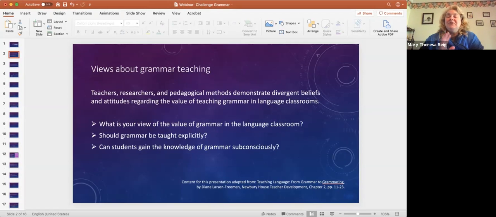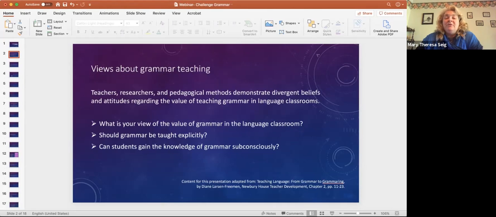Okay, so the first one is just kind of a warm up, and I'd like you to think about grammar teaching. As we discussed, teachers and researchers and even our pedagogical methods have demonstrated very divergent beliefs and attitudes about whether we should teach grammar or not in language classrooms. So in a moment, I'm going to break you into groups and I'm going to ask you to share with each other what is your view of the value of grammar in the language classroom.